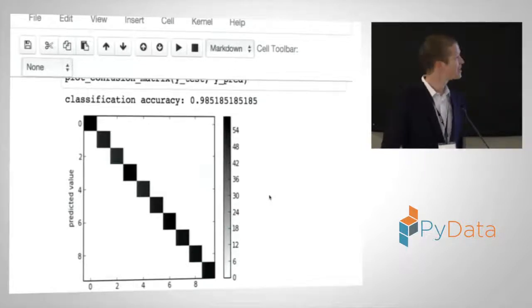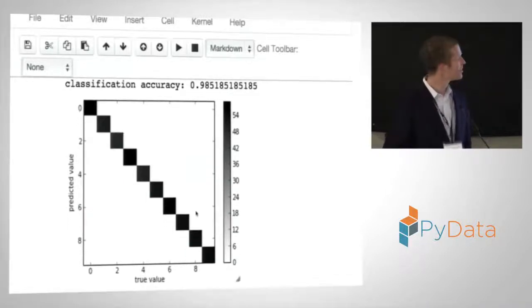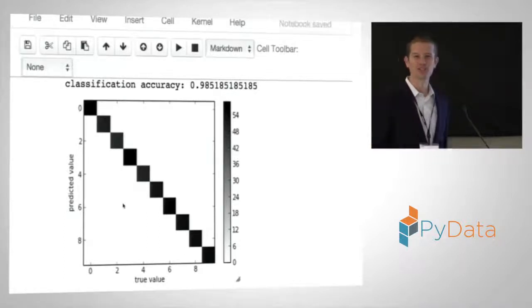It's 98% classification accuracy, which actually is pretty good, given that this is such a kind of a silly estimator. We're just finding the nearest neighbor and calling the point that. Yeah, so it's a 98% accuracy, and it's hard to see with the resolution of the screen, but there are a few off-diagonal pieces here that are showing you where there's little bits of confusion in the algorithm.